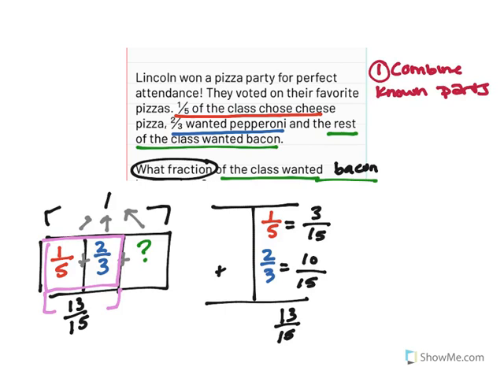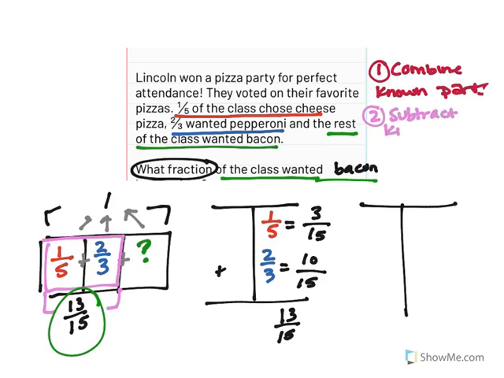To find the missing fraction of the class that wanted bacon, all we have to do is take the whole minus the total of the known parts. So we're going to subtract 13/15 from one whole. So that's step 2, subtract knowns from one whole.